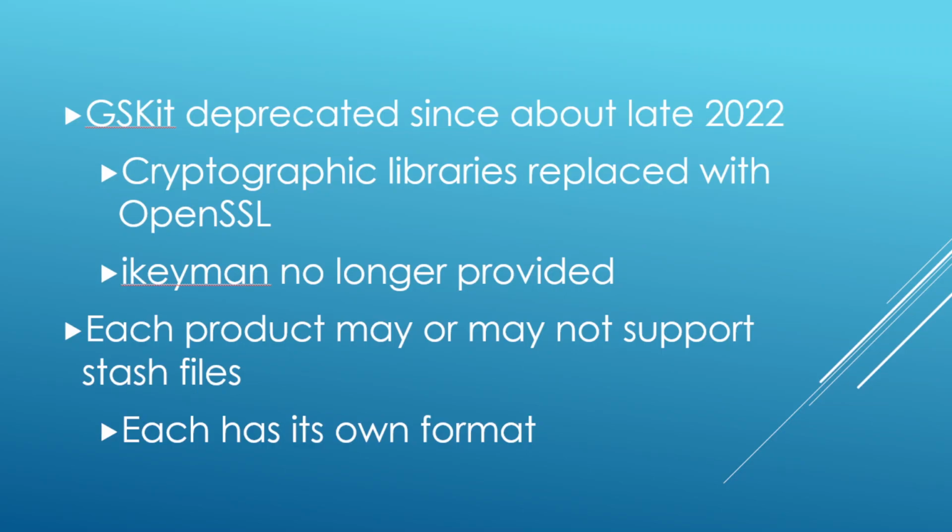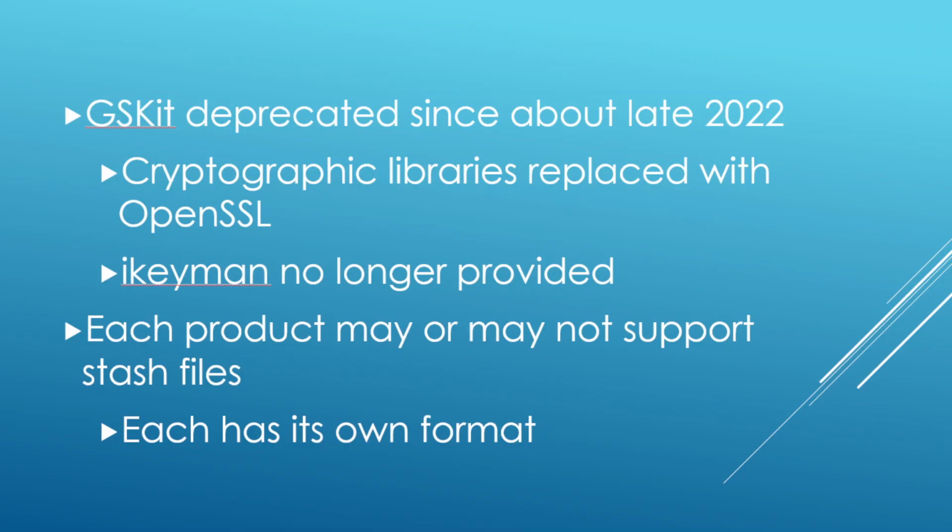They switched to the OpenSSL cryptographic libraries. IBM switched to them. And so iKeyman is no longer provided. And what iKeyman allowed you to do is open up key stores and also save the password for the key store to what they called a stash file.